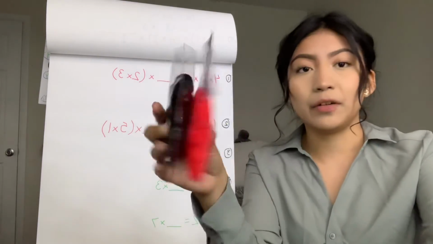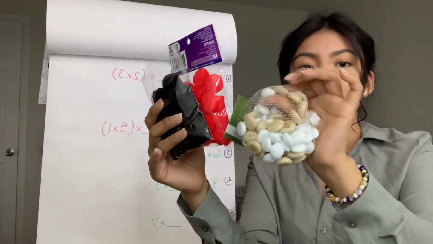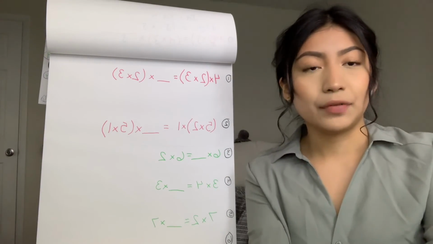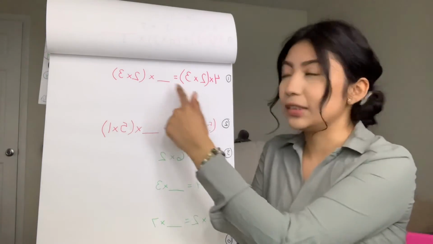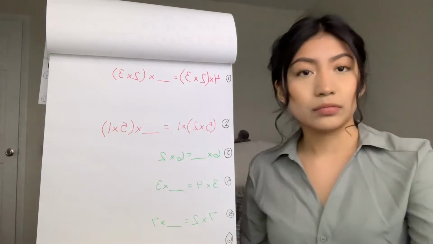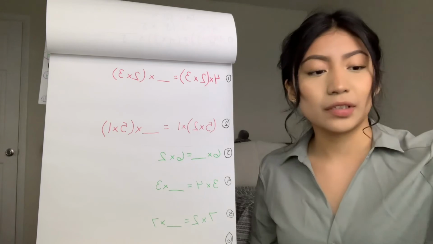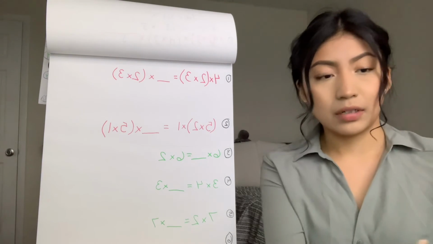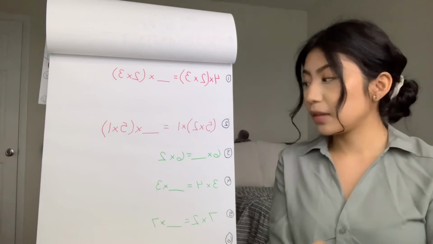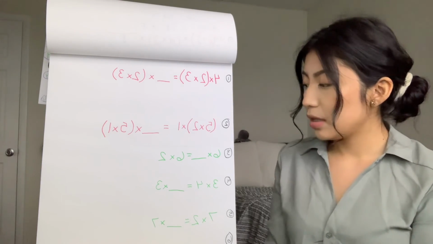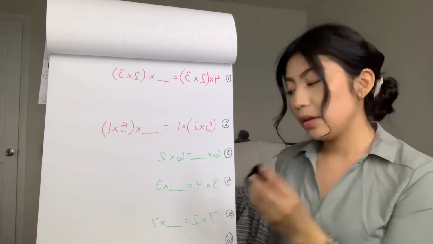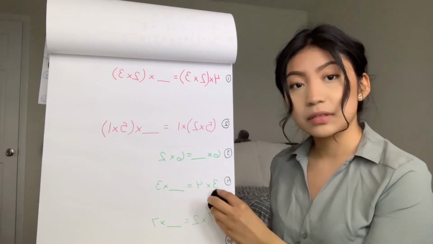So we have little puffballs, we have marbles here for you, and I would like for you to represent each number as a different item. So let's try that really quick. So for number 4, I will do 3 red puffs, right?